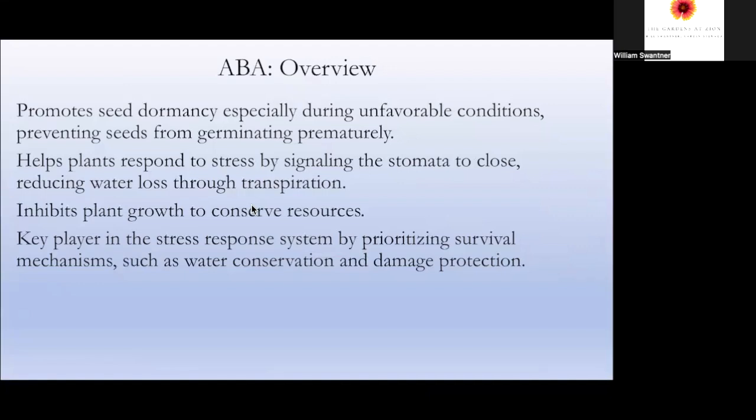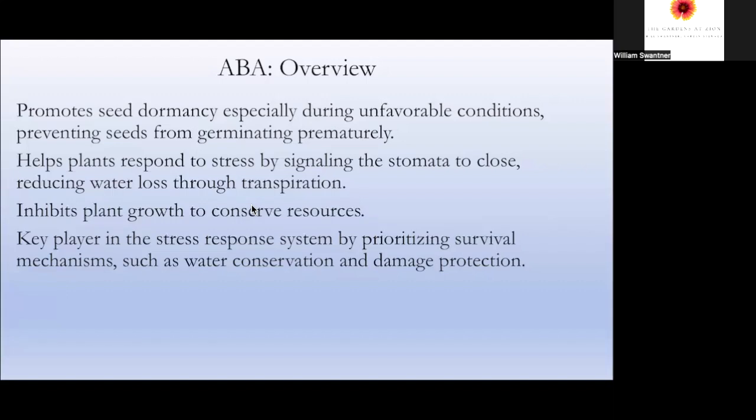And there's a couple things you notice here. Stress, it promotes dormancy because of times of stress. It tells the stomata to close during times of stress. It inhibits plant growth during times of stress. And it's the key stress response system by prioritizing the plant survival, such as water conservation.